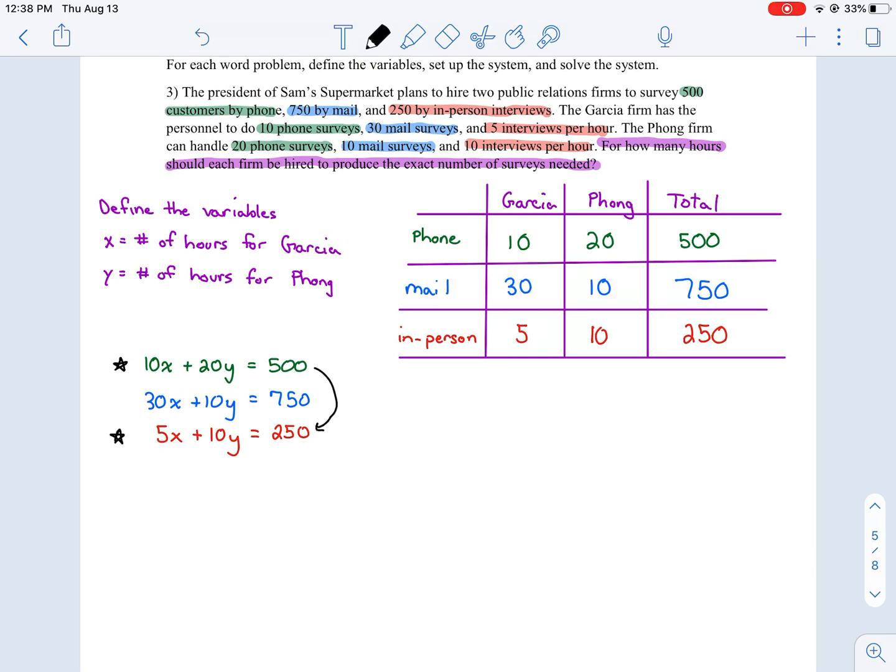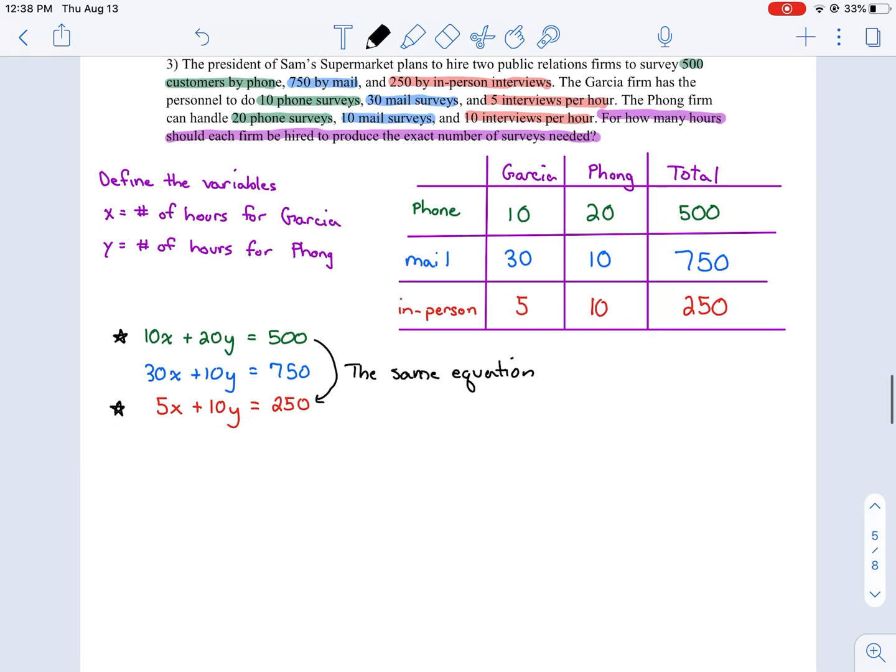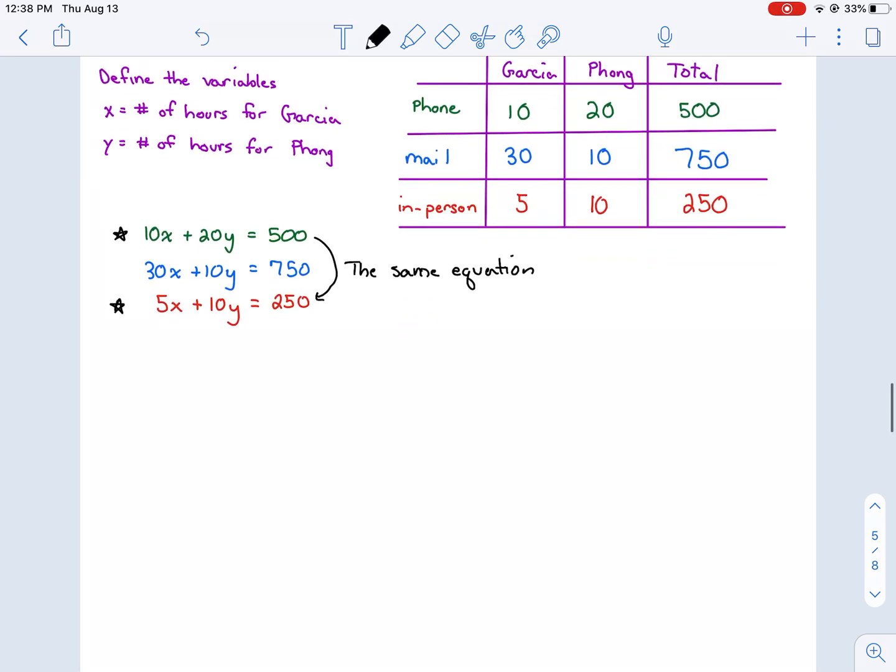So these two equations are the same. So we do not have to write both of them in our system. Actually, we can eliminate one of them because they are the same equation. So I'm going to go ahead and just eliminate the top equation and work with the bottom two. So my augmented matrix is going to look like this.